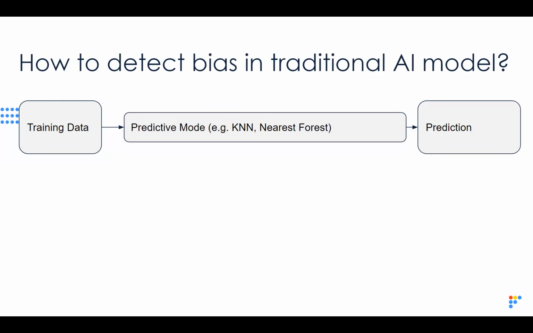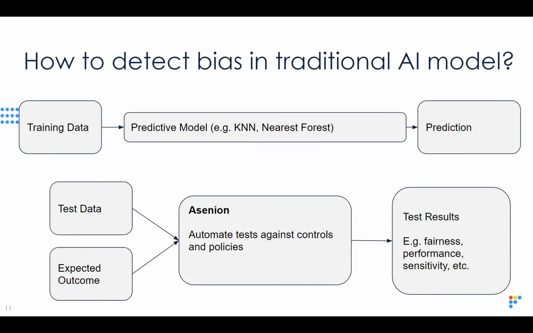So in a traditional AI model, in this example building a prediction model, you put in training data, you train it, and then you have some prediction. To test it using our Athenian, it's very much like testing traditional software, right? You give it your test data, but also your expected outcome, run our tests against controls and policies, and you get a set of results.